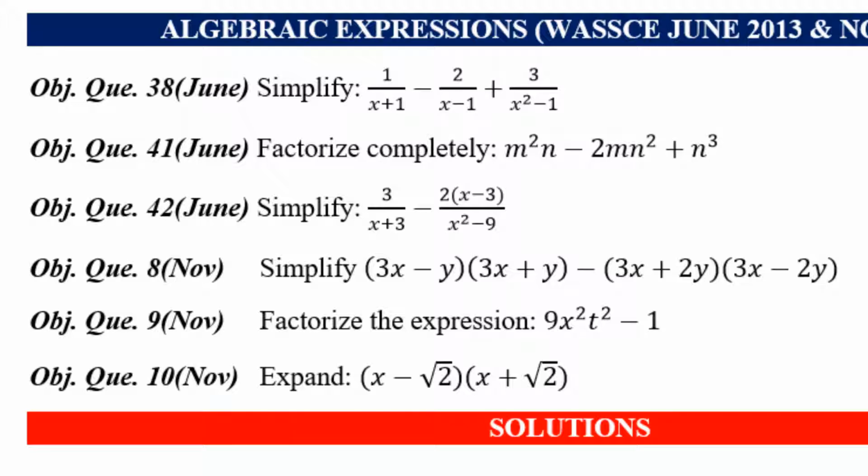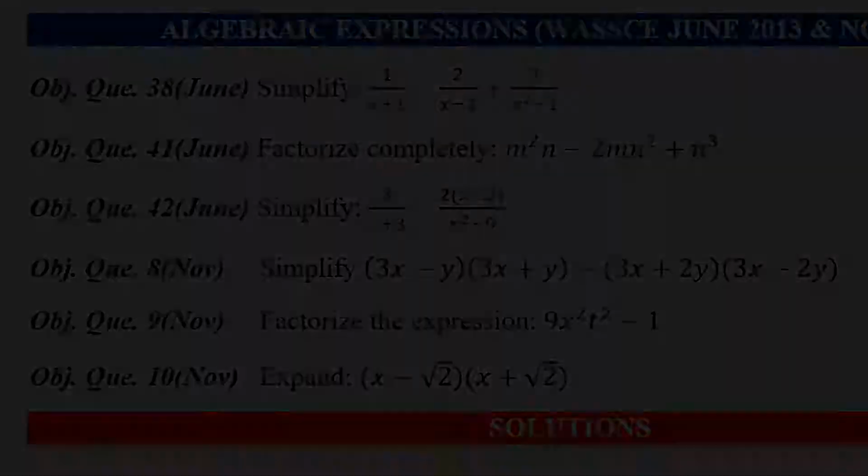Factorize the expression 9x squared t squared minus 1. Objective question 10, November. Expand bracket x minus square root of 2 into bracket x plus square root of 2. Now let's dive into our solutions.